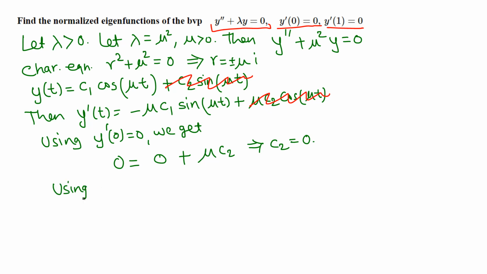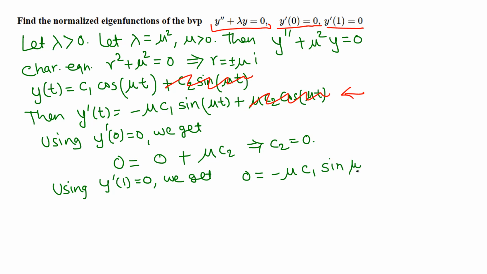Using the second boundary condition, which is y prime at 1 equals 0, so y prime at t equals 1 is 0 equals negative mu c1 sine mu, because t is 1.